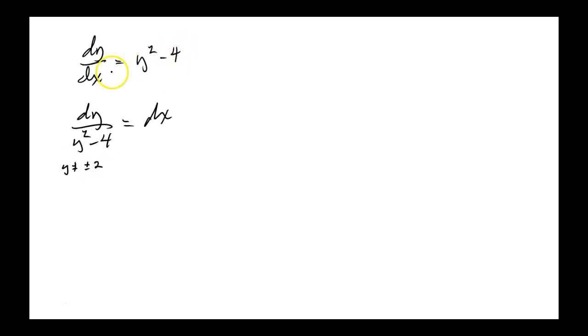But you see, y could equal plus or minus 2 up here, then it just means that your derivative is 0, which is okay. It's all right to have a derivative of 0. But when you go to separate variables, you now lose those two possibilities of y is equal to plus or minus 2, just by the way you've done this.